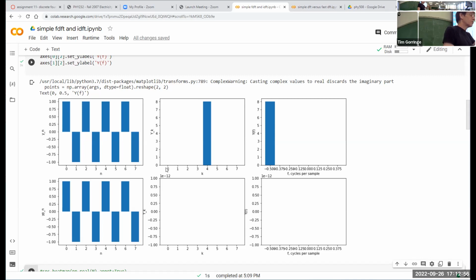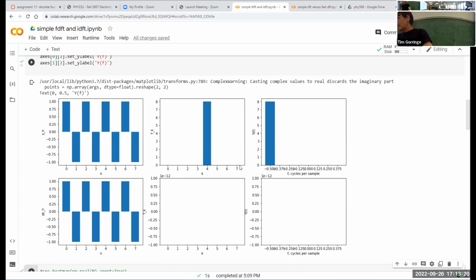So the zero frequency component is in that k equals 0 bin. Our particular signal goes +1, -1, +1, -1, so on average it's centered around 0 and has no zero frequency component.